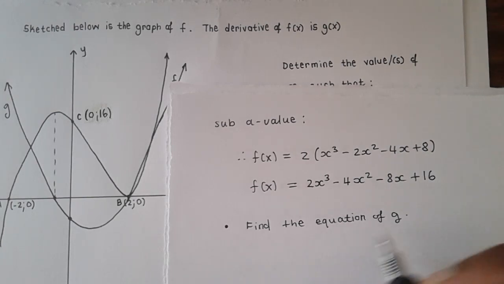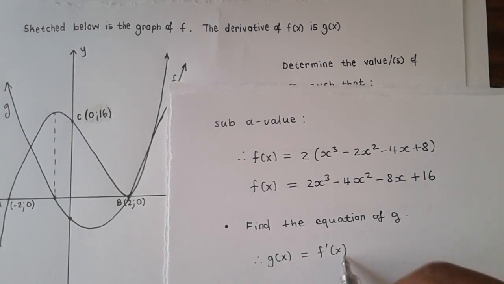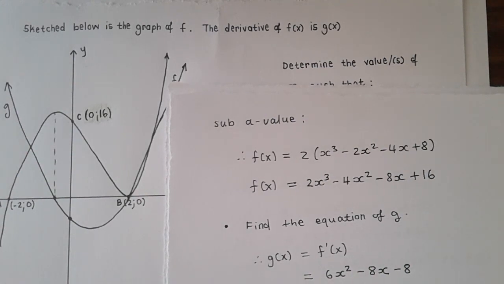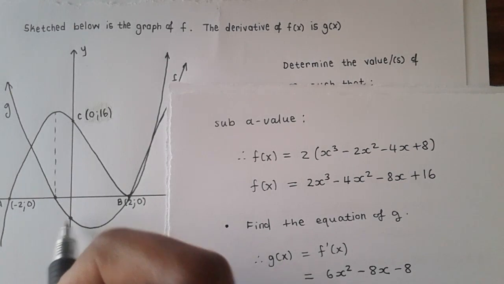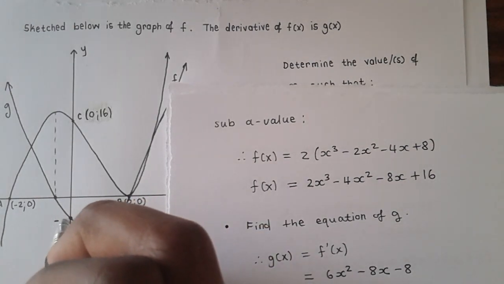We know that g of x is equal to f prime of x. Then differentiating that equation, we'll get 6x squared minus 8x minus 8. So that is the y-intercept over there. We can just write here minus 8.